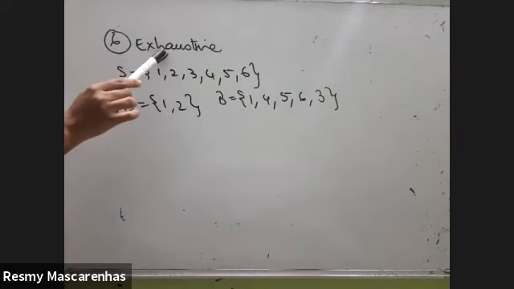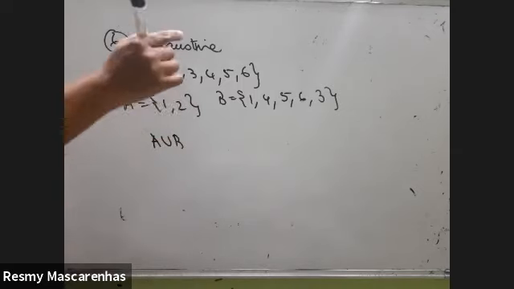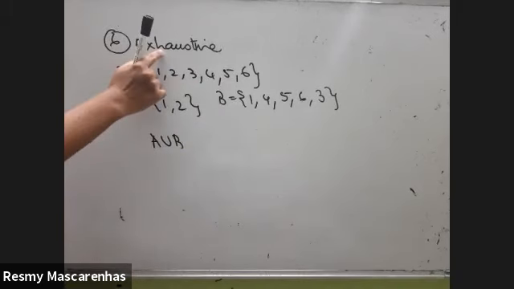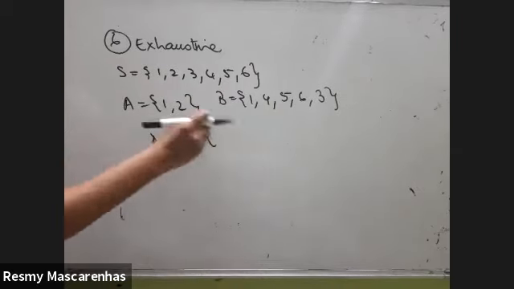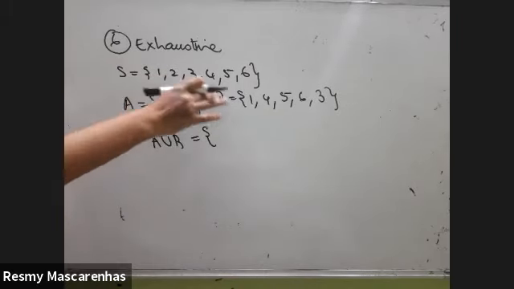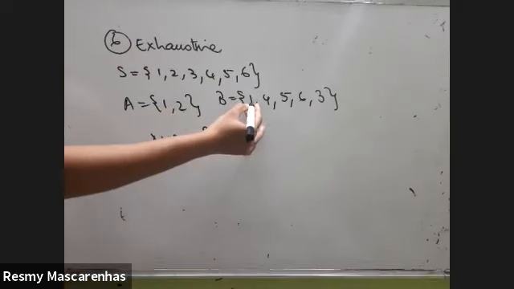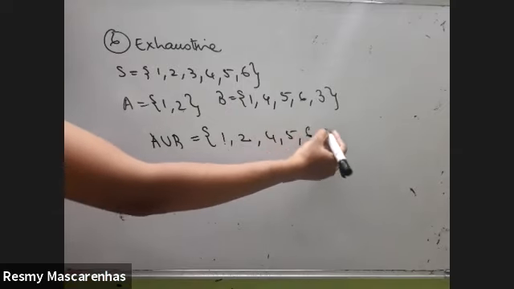To find that, always find the union, not the intersection. If they ask whether they are disjoint, then you find the intersection. But for exhaustive, you find the union. Union means put all the elements together, and if any element is repeating, don't write it again. So 1, 2, 1 is already written, no need to write it again. 4, 5, 6, and 3.